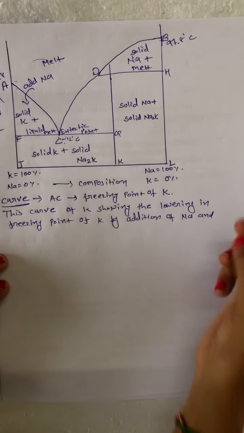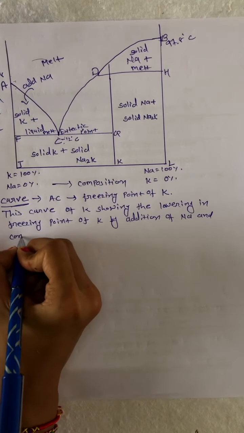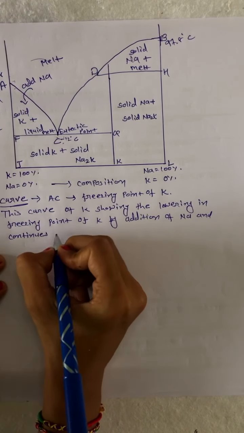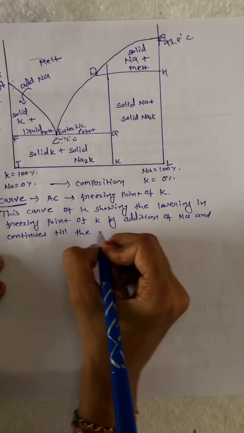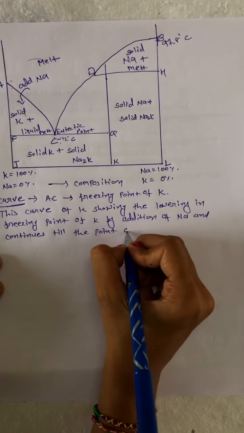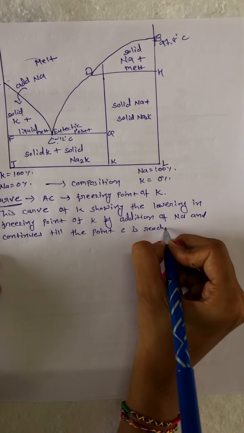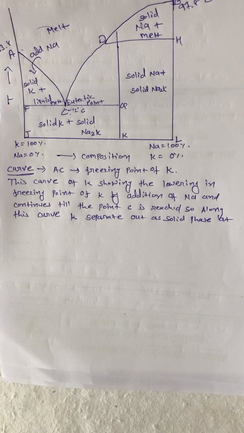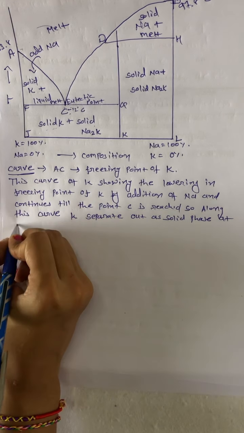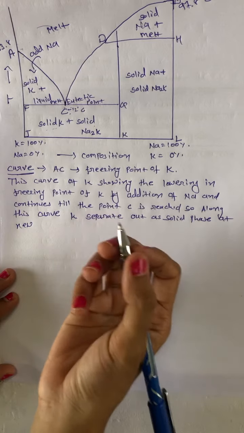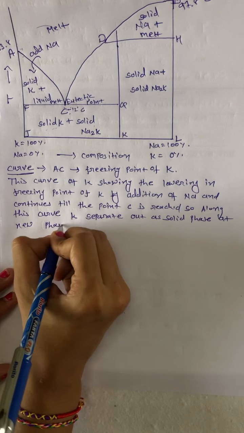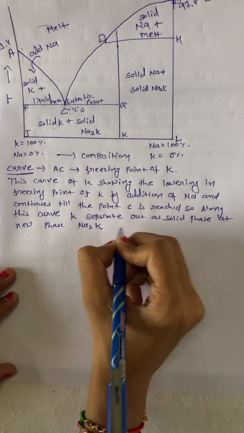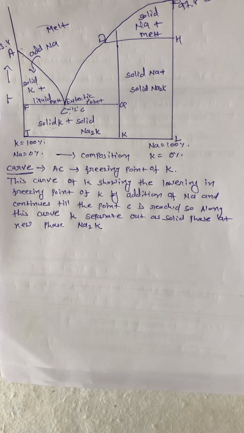Here, up to here we add, right? And continue till the point C is reached, right? So a solid phase separates out, and a new phase Na2K we get at point C, and two phases, solid K and liquid melt, exist in equilibrium along this curve.